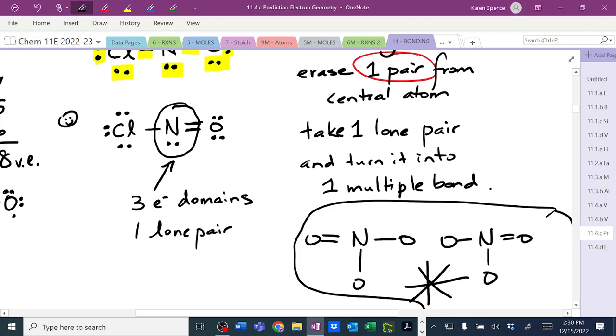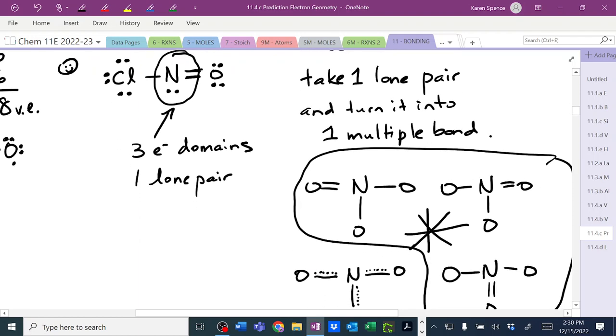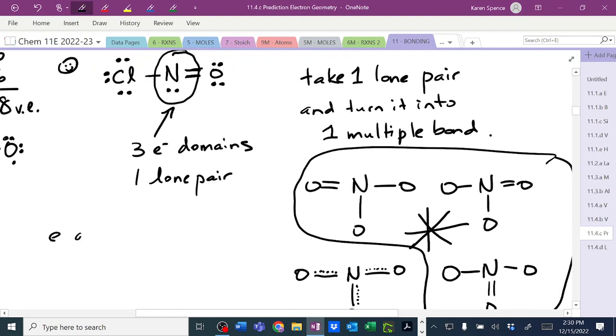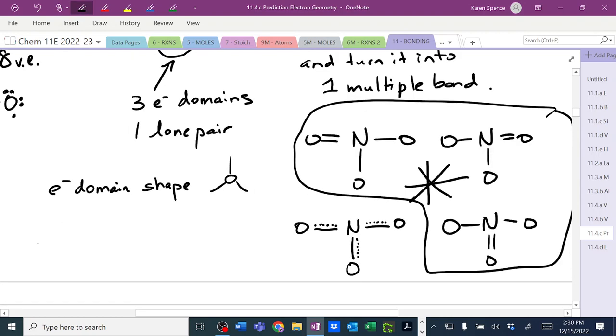So what's the electron domain shape? Trigonal planar. And the molecular shape, and this is how we draw a lone pair, we draw a little balloon representing the area where we would have that.